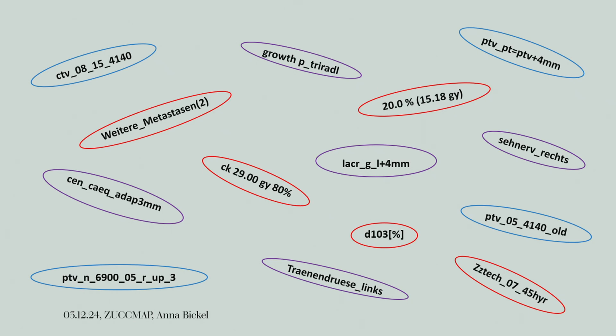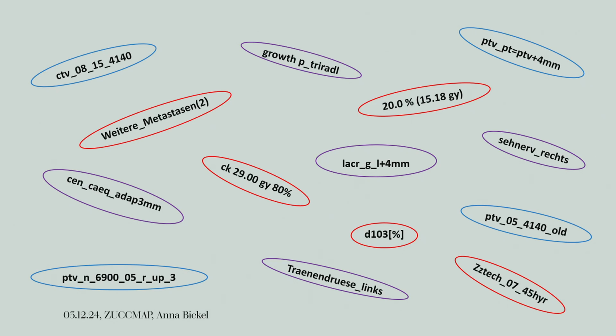Then the purple ones are organs at risk. Some of them you might have guessed. If you know a bit of German, Tränendrüse and Sehnerv are obviously organs at risk. But then we have the LOCGL, which, who knows what that is? I mean, you look at it and it's not clear what it's telling us.